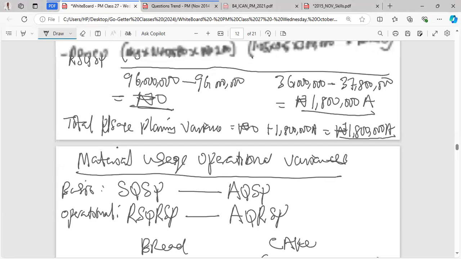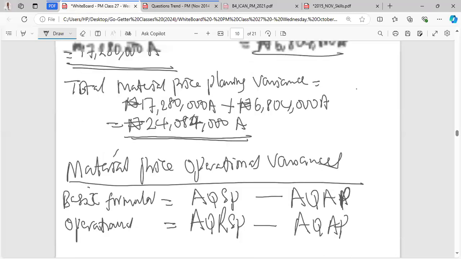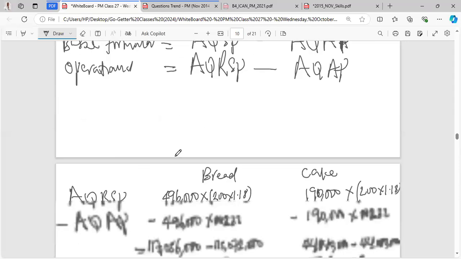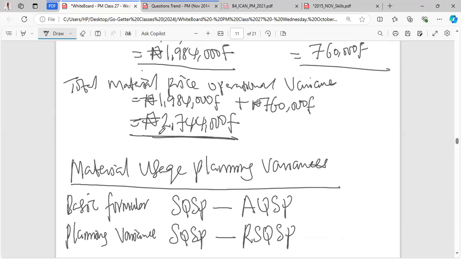But for price, they spent 2 million above, they saved 2,774,000. They saved it and they now wasted it on usage. So it means that, okay, it's not employment.